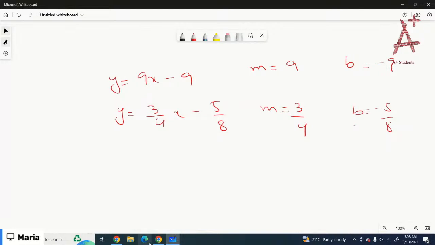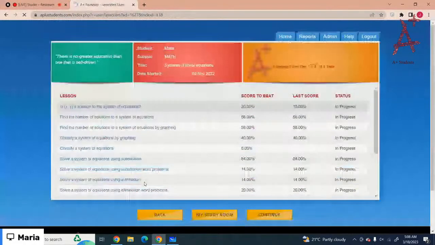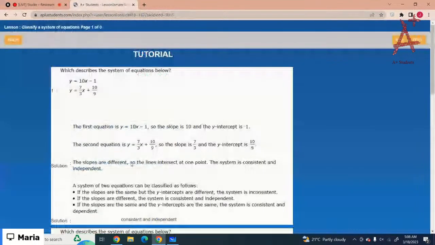So when the slope is different and the y-intercept is different, that means the system is, I forgot, let me check. Wait, I forgot actually. Slope is different and y-intercept is also different, so that means the system is consistent and independent.